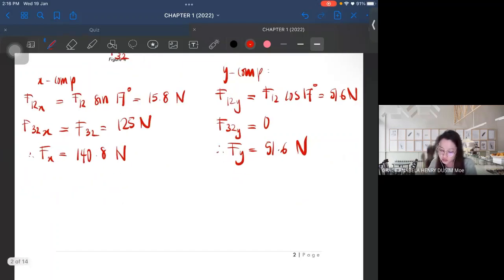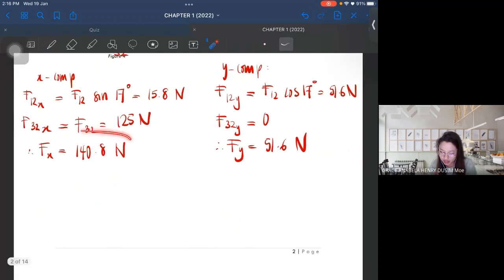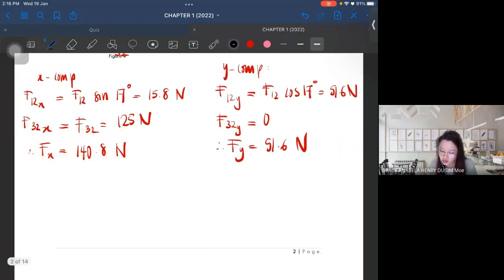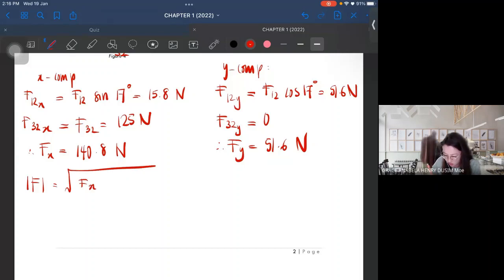Okay, after you calculate the x and y component, you have to find the magnitude. Okay, so the magnitude, we just use this one. Okay, you should then get the value of 150 Newton.